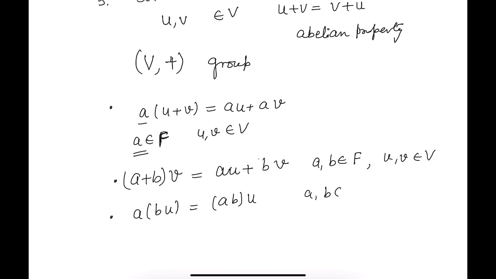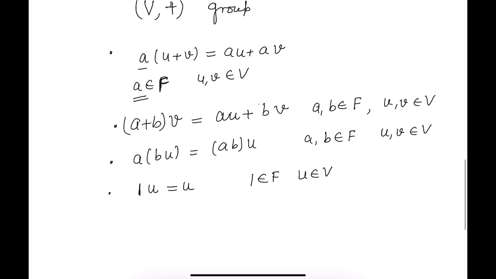Here again, a, b are scalars belonging to F, and u and v are vectors belonging to V. The next property is 1 operated on u is equal to u, where 1 is the multiplicative identity in F. So 1 belongs to F and u belongs to V.